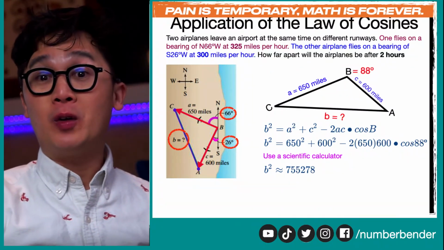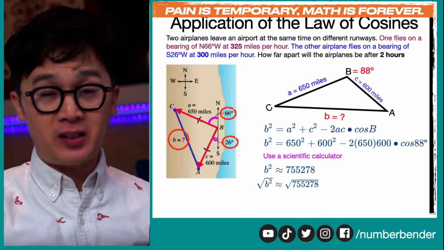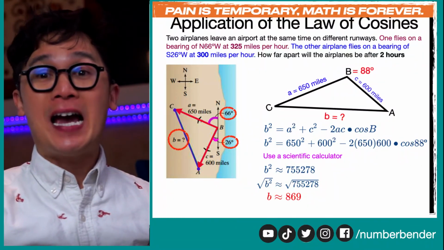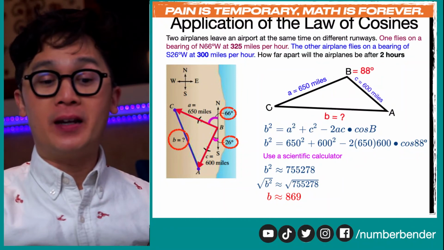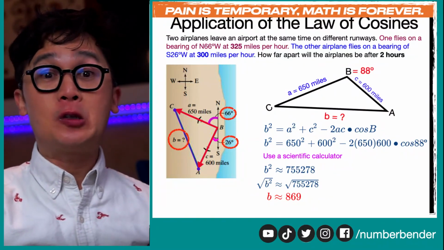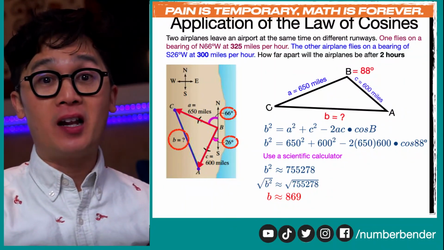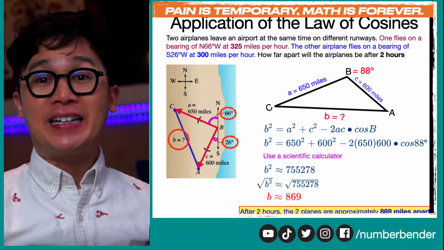And we know that we're looking for b and not b squared, so we're going to take the square root of both sides so that side b would equal 869, which means the two planes after 2 hours are 869 miles away from each other.